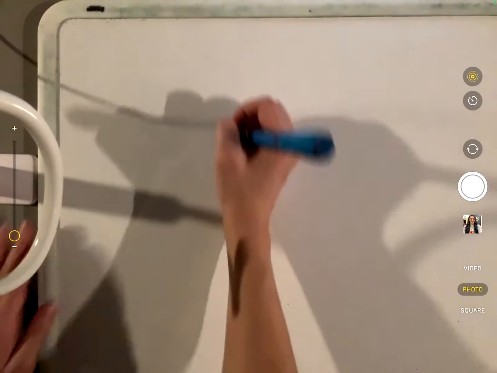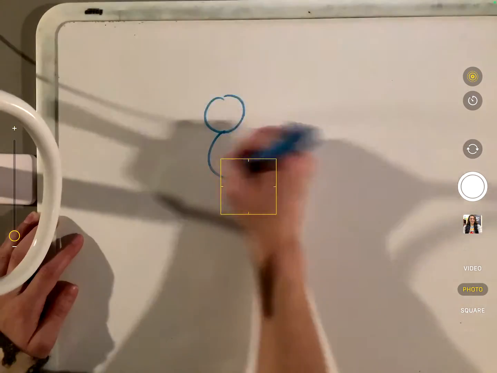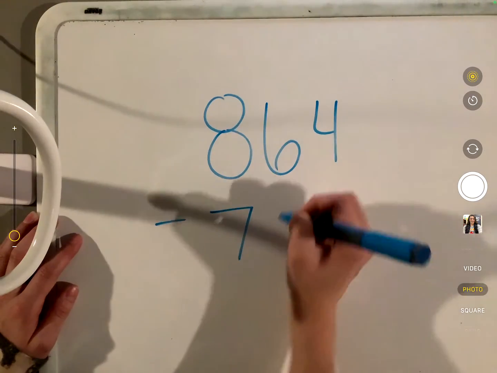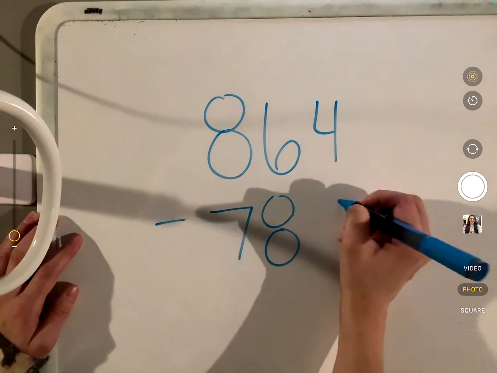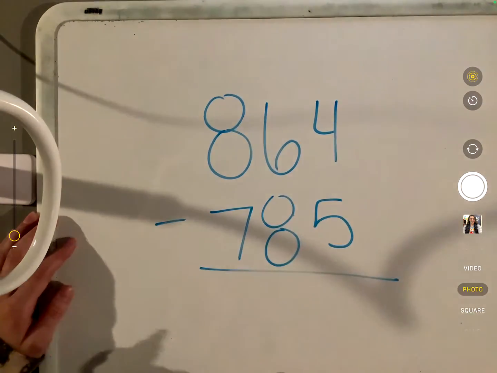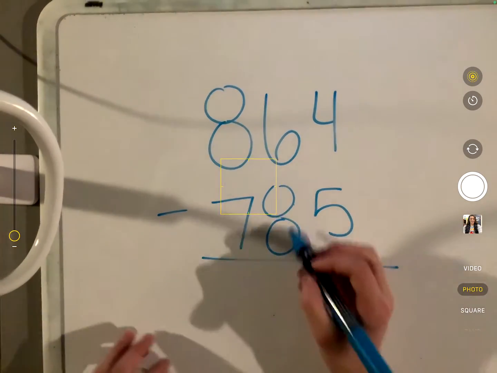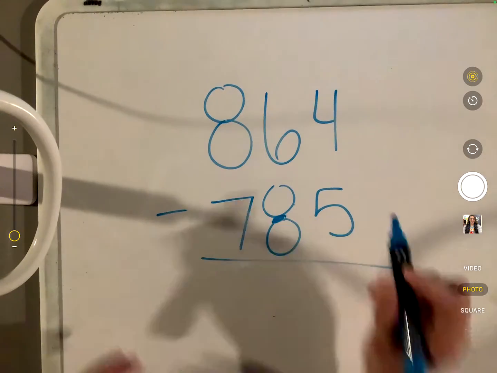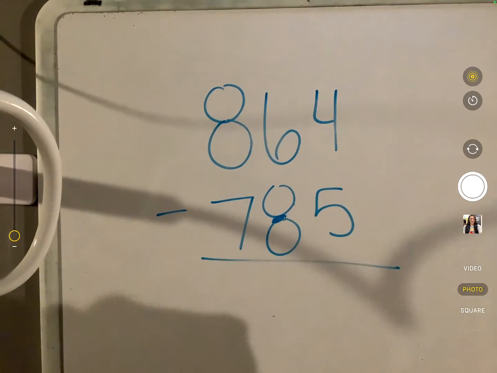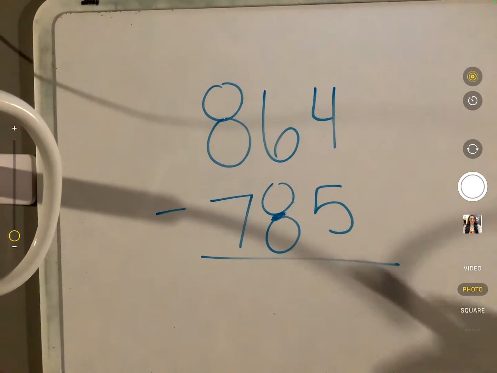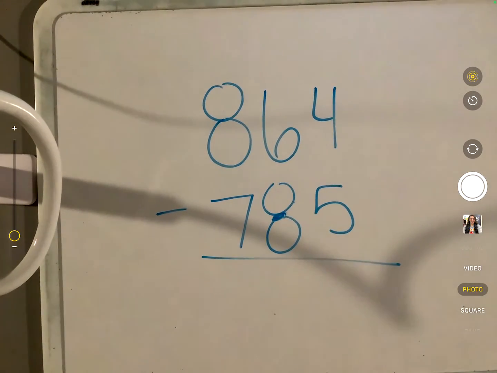What if I asked you to take 864 minus 785? What would you do? So one thing that you could do, this kind of looks like 2 zeros. Let's combine that a little bit. That's an 8. Okay, one thing that you could do is you could use the standard algorithm, right?